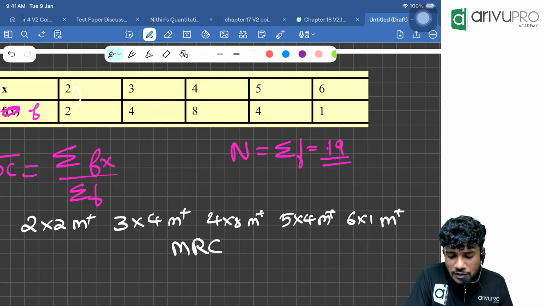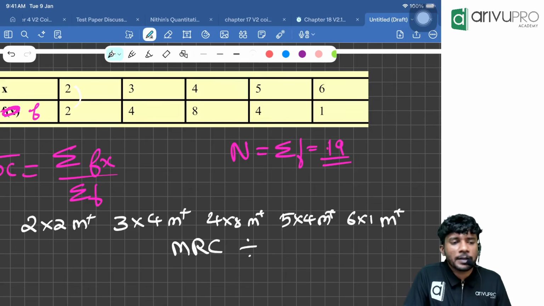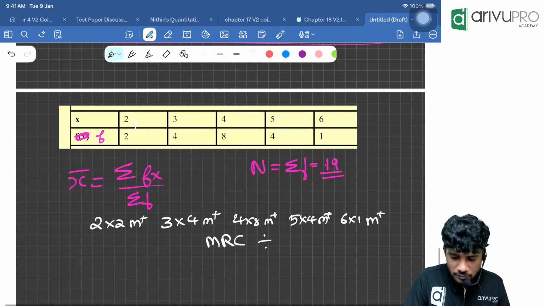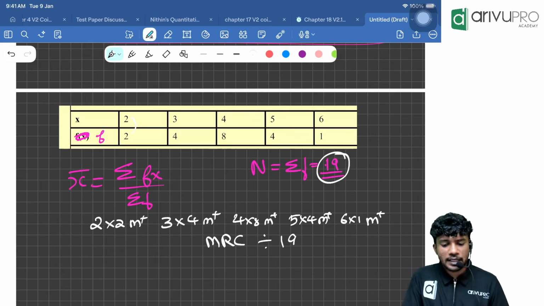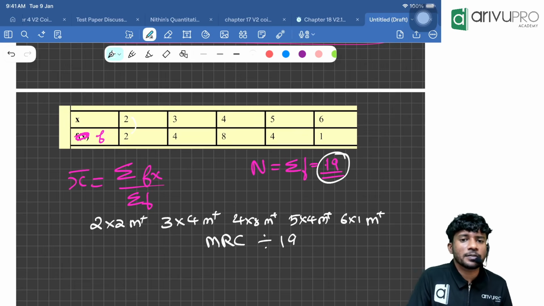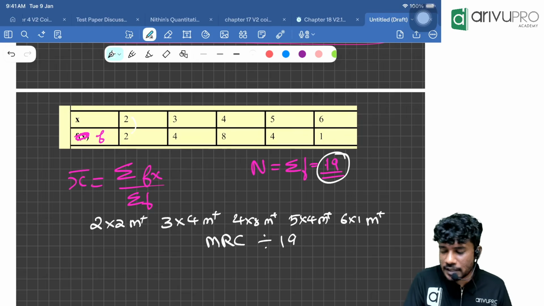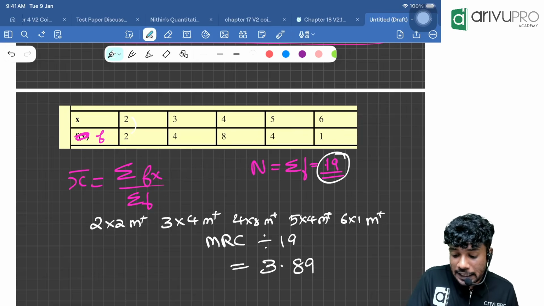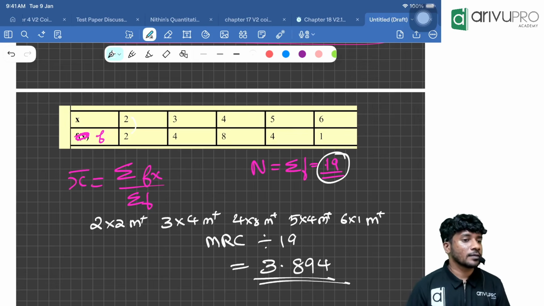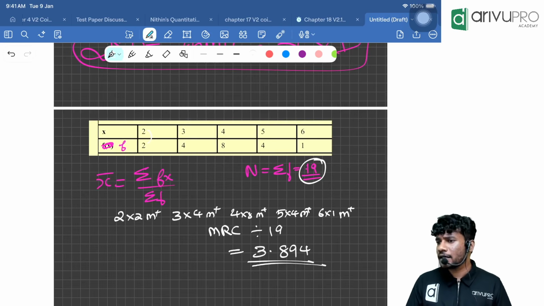MRC button. Divide it with 19, because sigma Fx divided by sigma F. How much is the answer you are getting? 3.894.